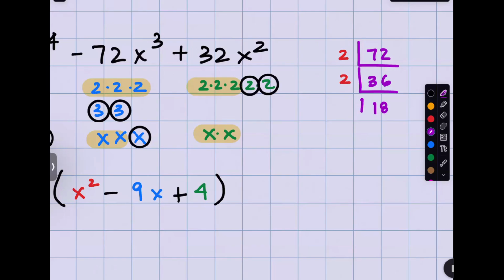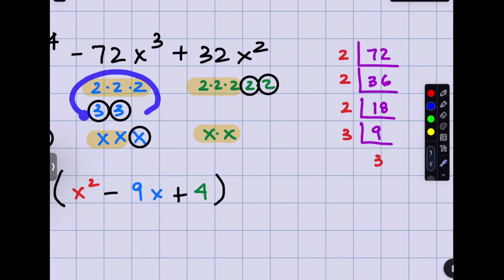No? Okay. What goes into 18? 2 does. How many times? 9. Is 9 prime? Nope. What goes into 9? 3. How many times? 3. Is 3 prime? Yes. Awesome. Guess what? 2 times 2 times 2 times 3 times 3 is 72.